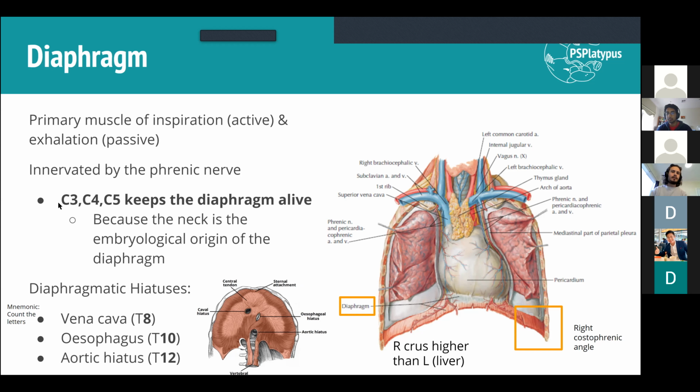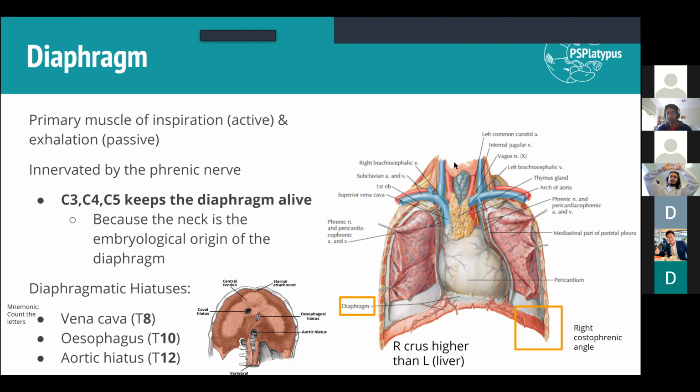So the reason that you might be going, well, why are they cervical nerve roots that are innervating the diaphragm? It's because the neck is the embryological origin of the diaphragm. So the lungs, all of these things are developing up in the neck, as is the diaphragm.